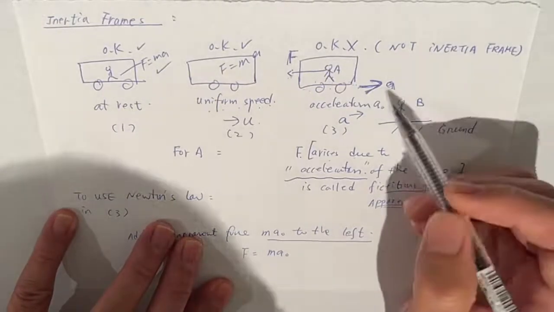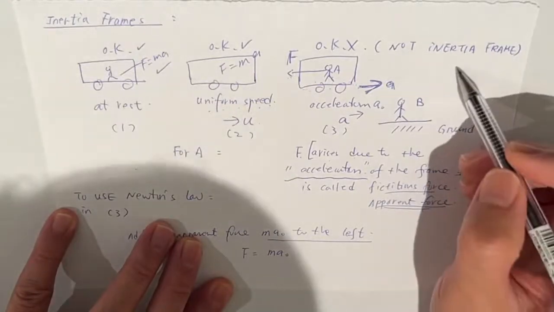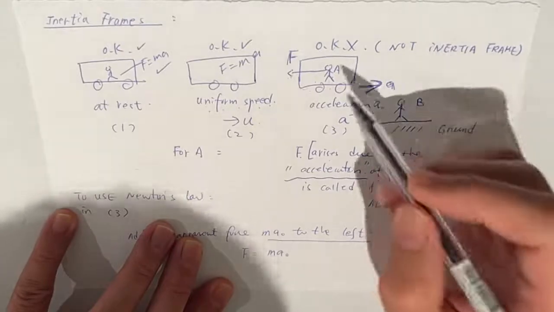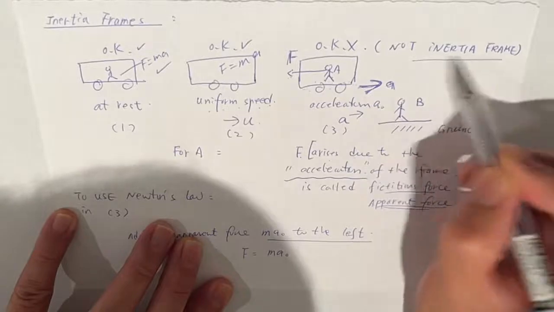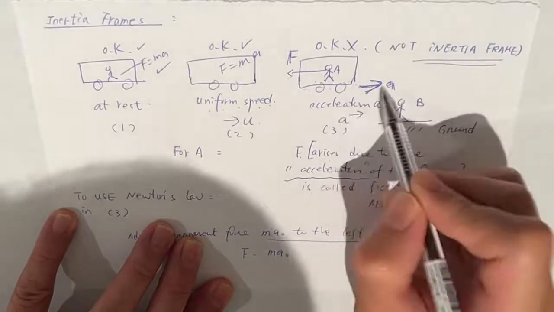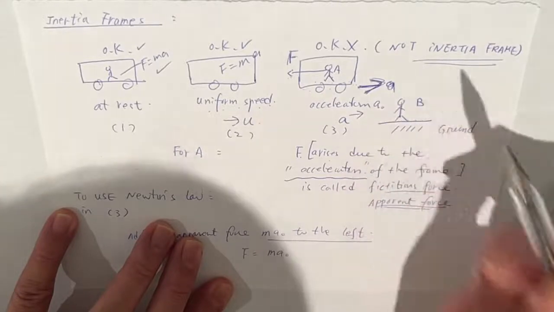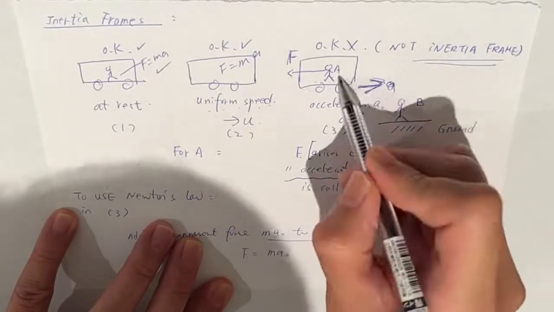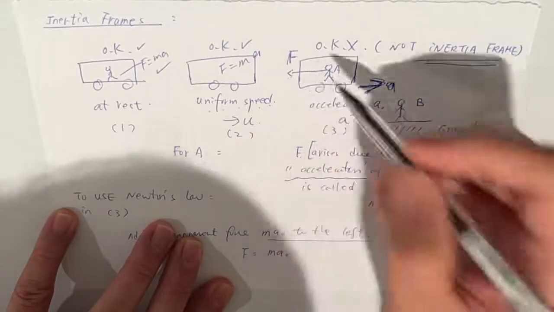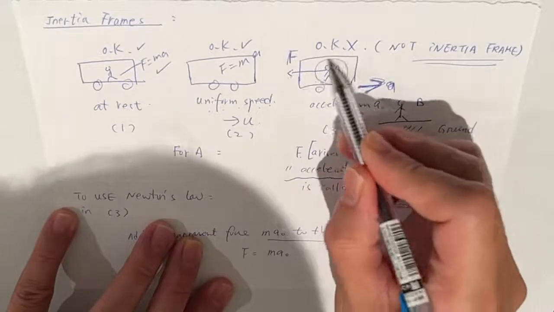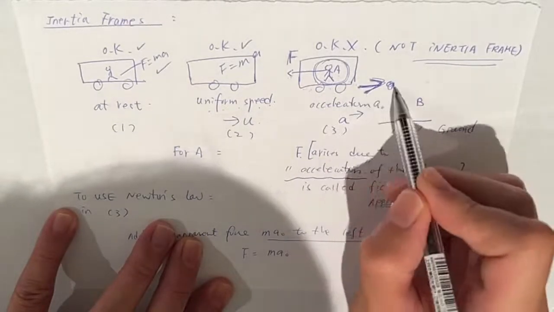So if you want to use Newton's second law or Newton's law, make sure that the person or the body is in an inertial frame. Now, since the train is moving forward with an acceleration a, we cannot apply Newton's law here. Why? Because now, as you can see, there is no force acting on this person, even though the train is moving forward with an acceleration a.